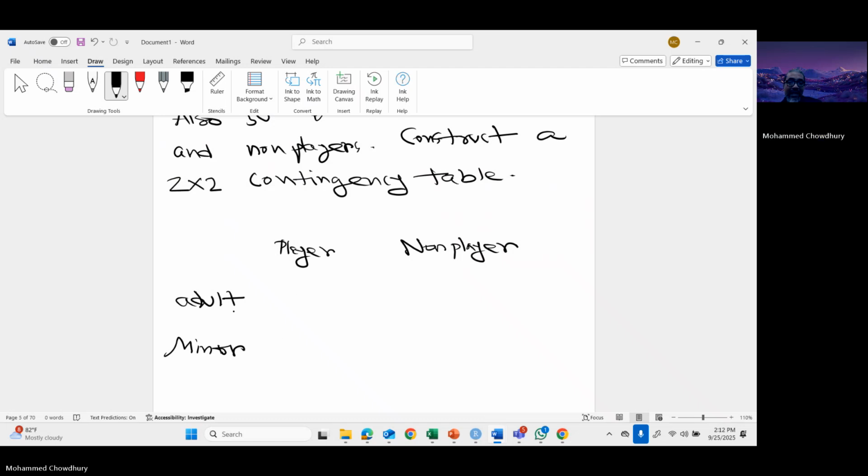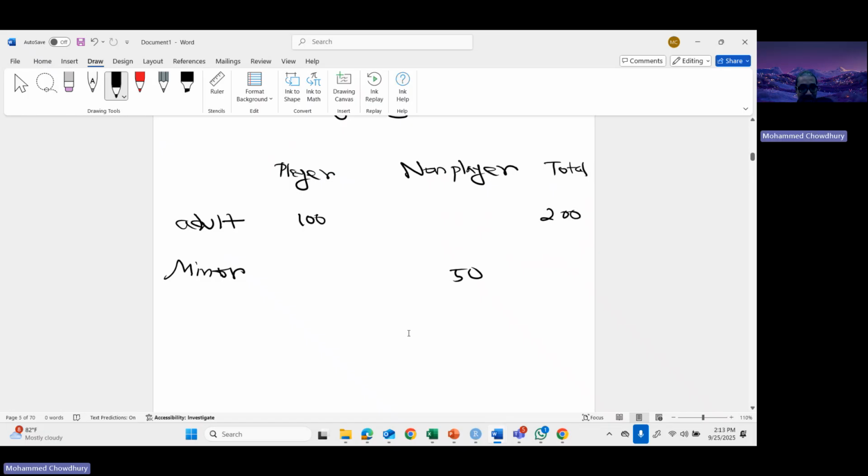So adult and player, there is 100, and there is total adult equal to 200. So 200 minus 100. And this is 50, minor and non-player, and total equal to 300 in here. 300 minus 200 equal to 100. 100 minus 50 equal to 50 here.